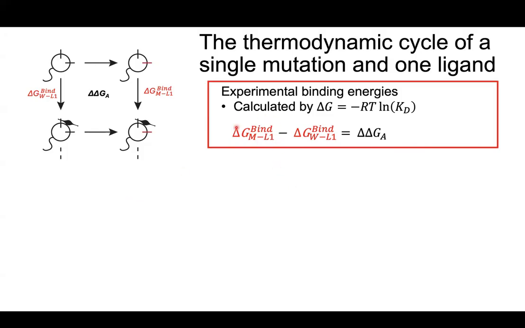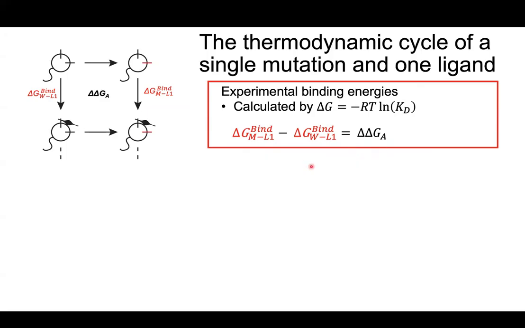As you see here, if this is more negative and this is less negative, the result will be negative. Therefore, it shows that the mutated structure binds to the ligand more favorably. If double delta G is positive, it means that your wild type binds to ligand 1 more favorably.